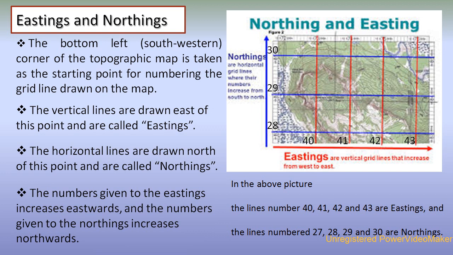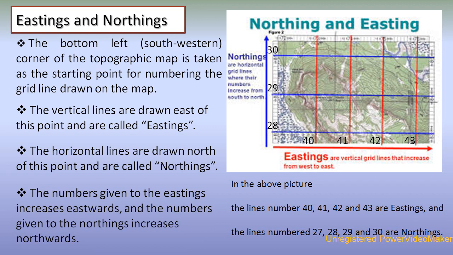The numbers given to the eastings increase eastward, as you already find: 40, 41, 42, 43. And the numbers given to the northings increase northwards: 28, 29, 30.